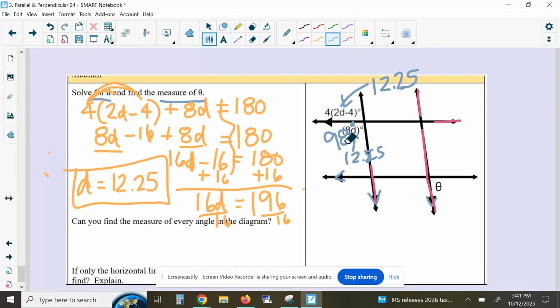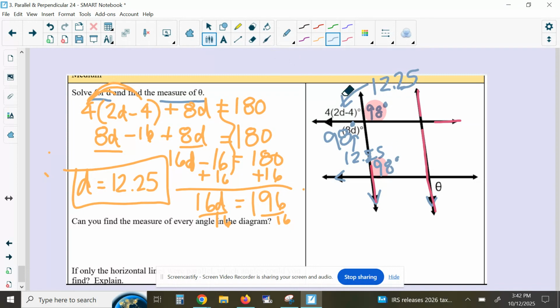Now remember, I do have lots of sets of parallel lines. So if this is 98 degrees, the vertical angle across from it is 98 degrees. Could even jump down here. This angle and this angle are corresponding angles, so I can also write down 98 degrees here.